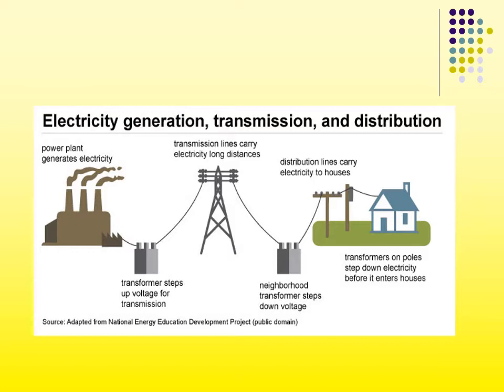And these are the big pylons that I'm sure that you've seen. Once they get into neighbourhoods or smaller areas, the energy has to be reduced in order for it to then go into our homes so that the voltage is not too high. So these are all things that you will have seen, but that's how electricity is first of all generated and then carried or transmitted into our homes.